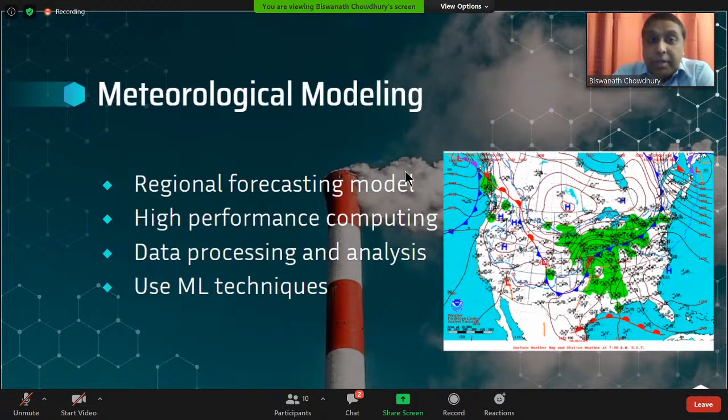We generate terabytes of data for each of these runs, so we definitely need to process and analyze the data. I'm still continuing to use those techniques that I learned, and I'm also learning new techniques so that we can identify the patterns in the data based on the regions and the season, so that we can understand the weather and predict it even better.